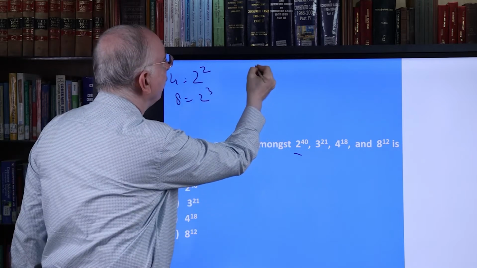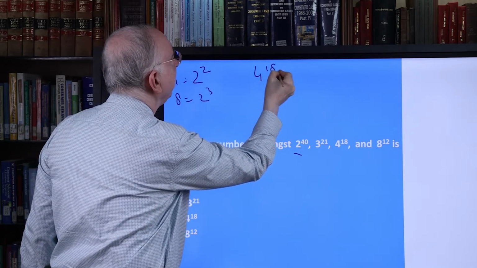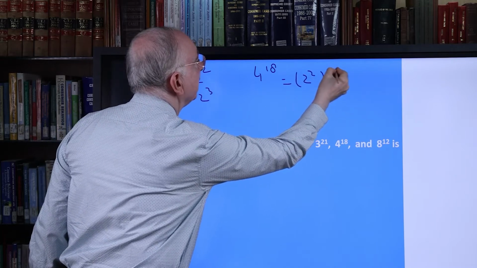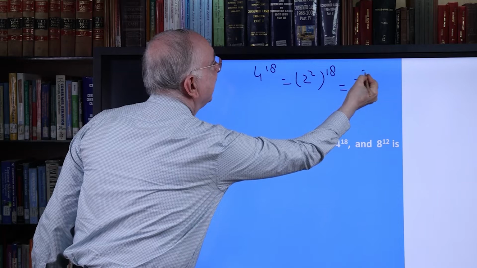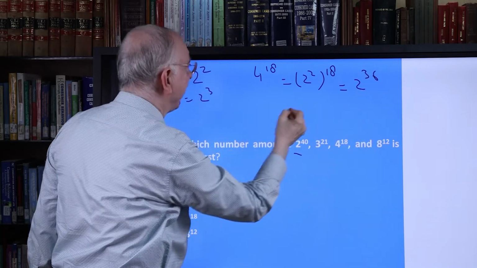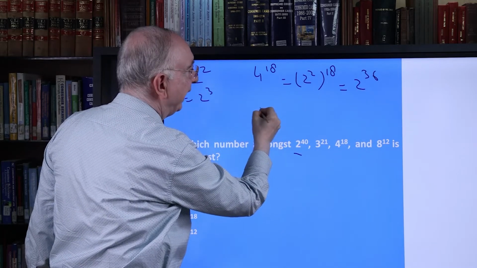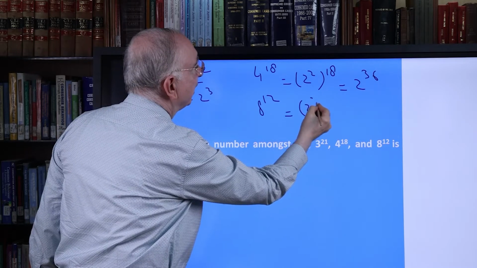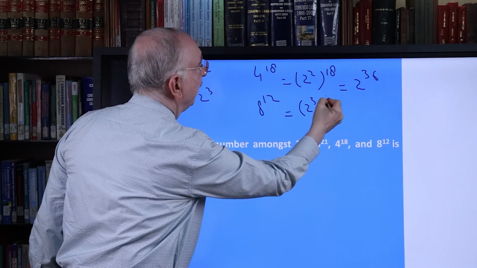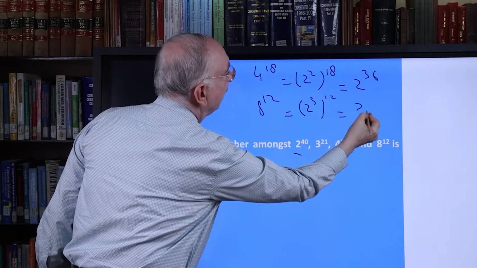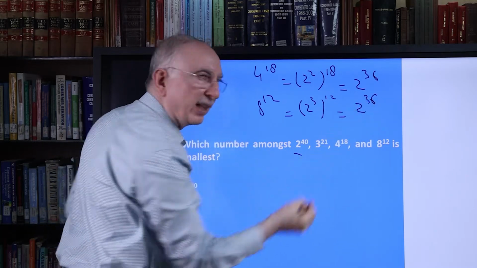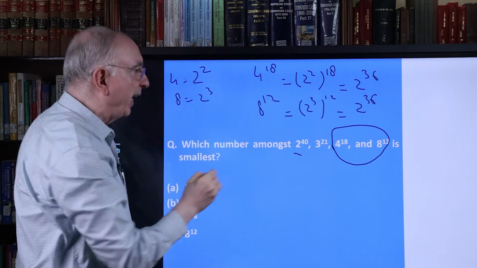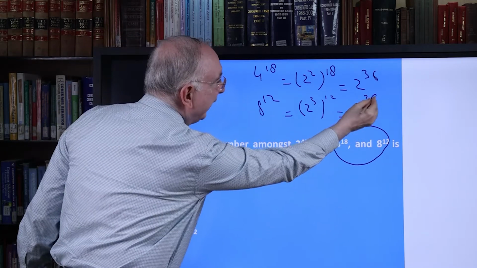That means 4 to power 18 will be 2 to power 2 to 18, that means 2 to power 36. Likewise, 8 to power 12 is equal to 2 to power 3 to power 12, that means 2 to power 36.